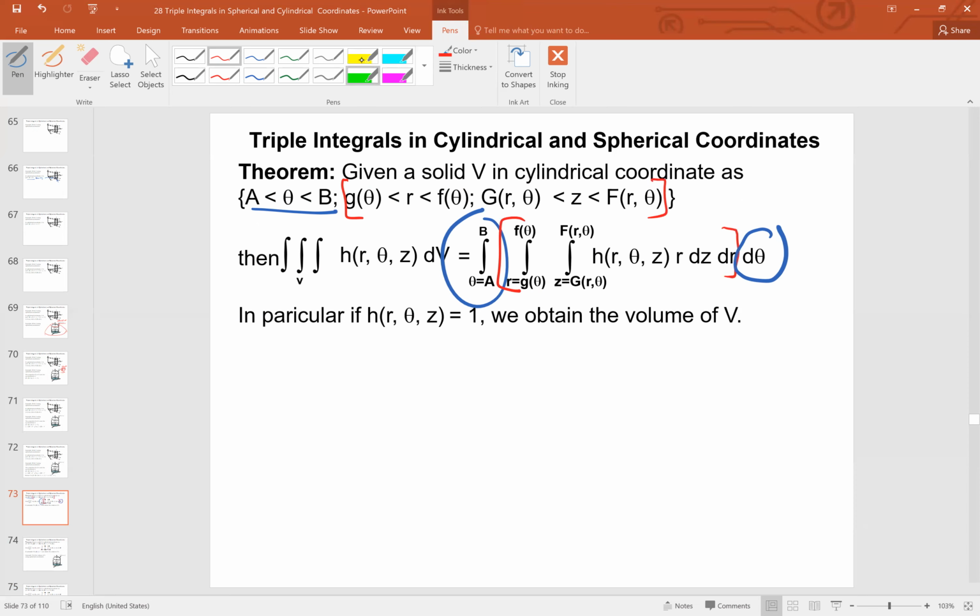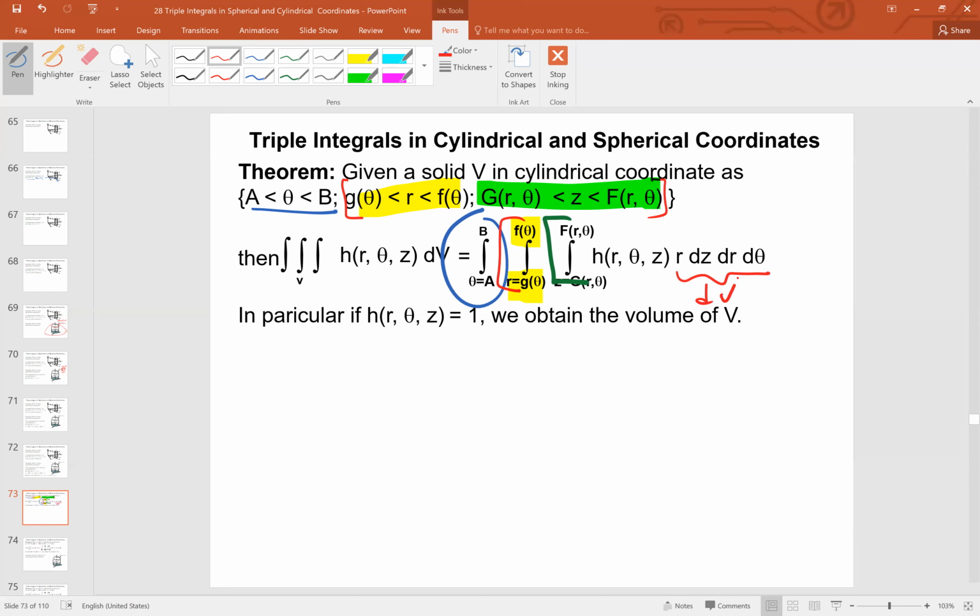Then you do the second part of the dr, and then you have the innermost part, the last part, which is dz. Basically, this is the setup. Then this is the dv.